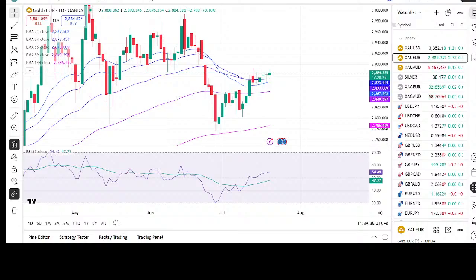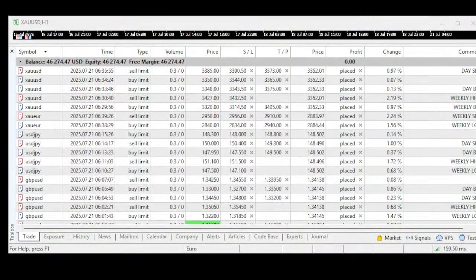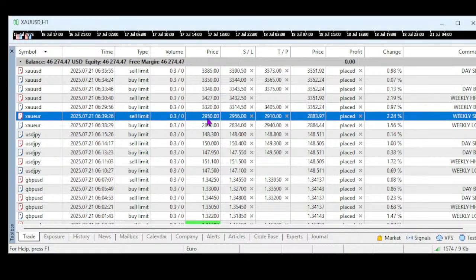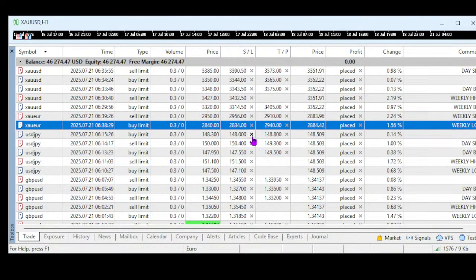So this weekly order is already given. Sorry, I'm not sharing the screen. So we are going for gold euro sell at 2950, which is a weekly target we are expecting, and a weekly low of 2840. Okay, so this is the weekly.